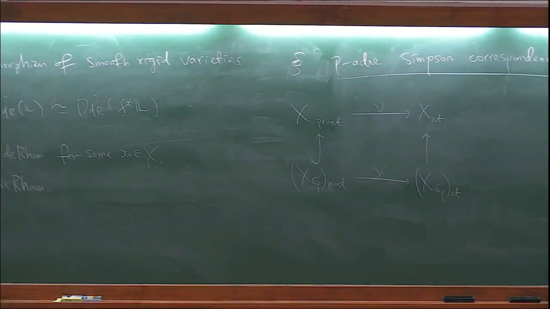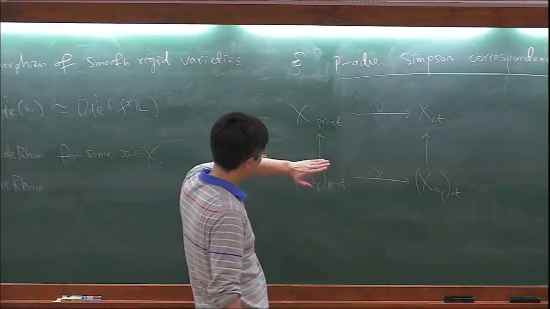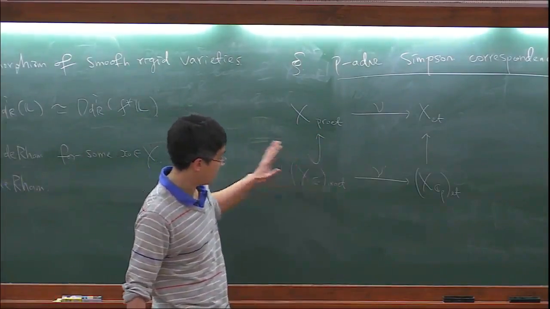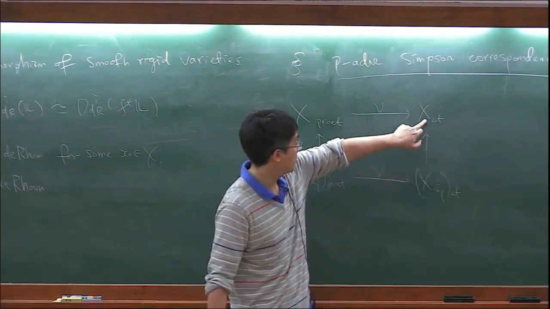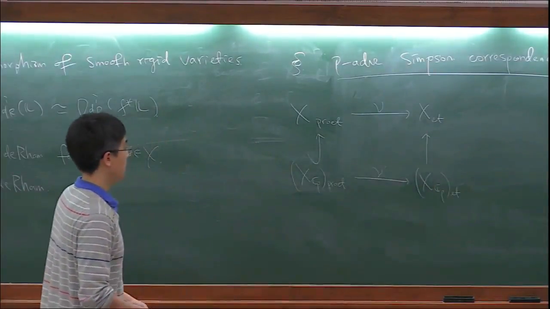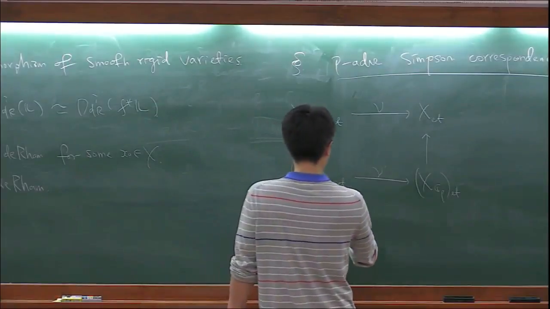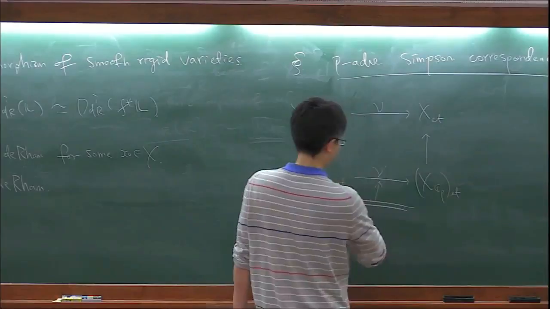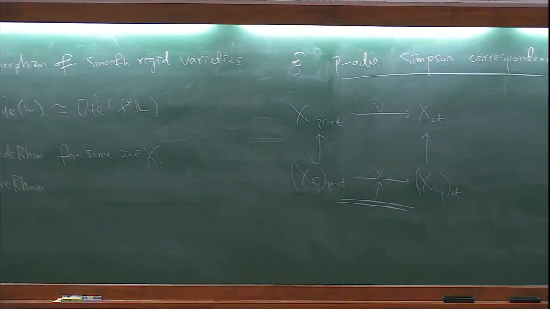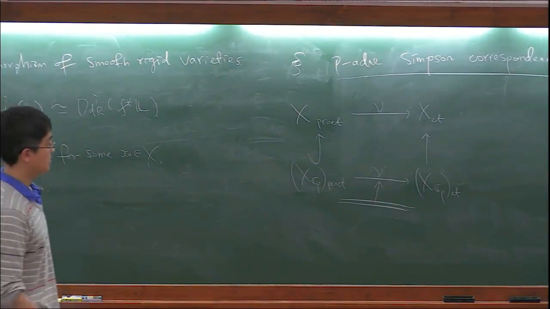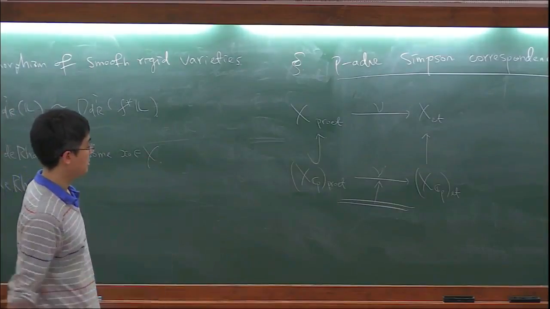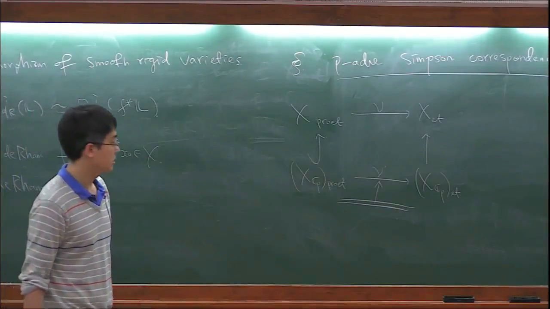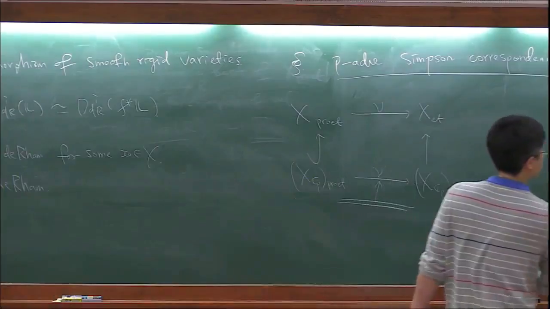Then if we have L tensor with O\mathbb{B}_{dR}, you push forward to X_ét. Then you can actually first restrict on this X_{C_p} pro-étale, then push forward to X_{C_p} étale, then push forward to X étale. Then if we focus on this step, at some point we realize that this recovers the p-adic Simpson correspondence. So, okay, I'll write down the exact formulation.